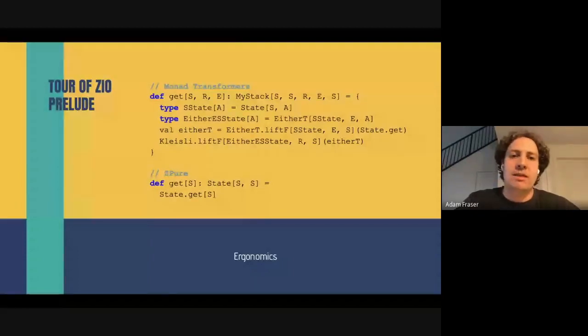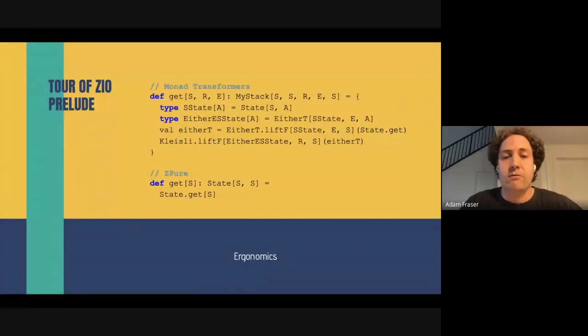Well, the data type I have is actually just this Kleisli, which doesn't know anything about the fact that two layers of type constructors down, there's a state monad there. So when I try to do this get method, it doesn't exist. I've got to define two different sets of type aliases just to avoid having to do more type lambdas. And then I have to do these multiple liftFs where I have to specify the type parameters just to get this really simple constructor that literally all I'm trying to do is get the state here.